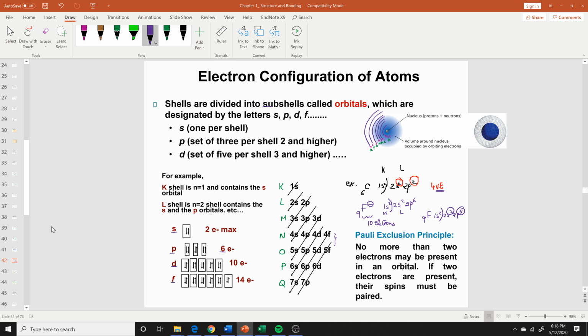So the valence electrons for F negative are going to be, this is completely filled, so just add them up, and they are 8 valence electrons. In some books, it's going to tell you, yeah, this is 8, so keep it as 8. It's fine.